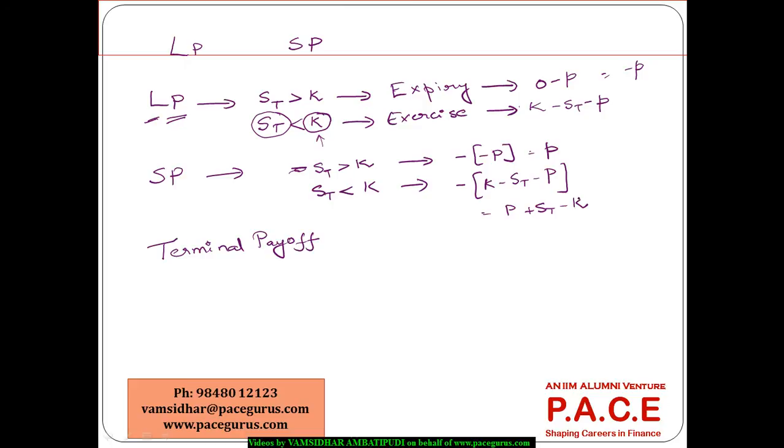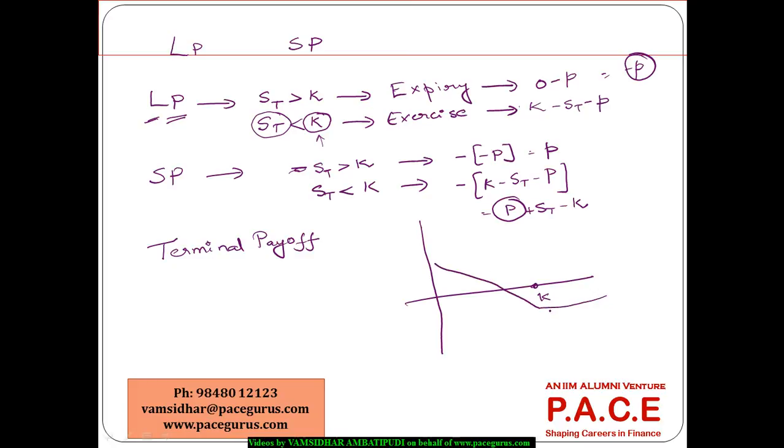And whenever I'm using another word called terminal payoff, I'm not going to bother about the premium payment, because premium payment does not happen on the expiration date. It happens much before it. So a regular payoff with respect to a long put, if this is the strike price, looks like this.